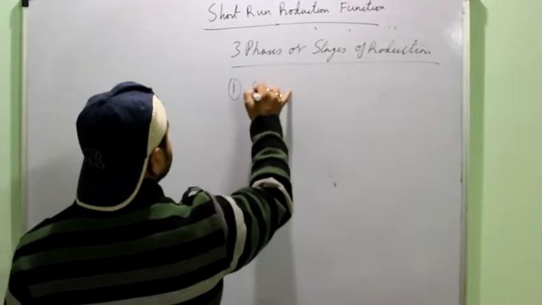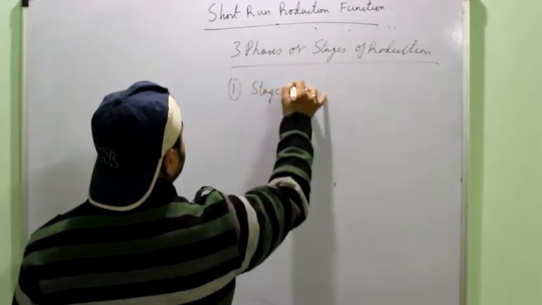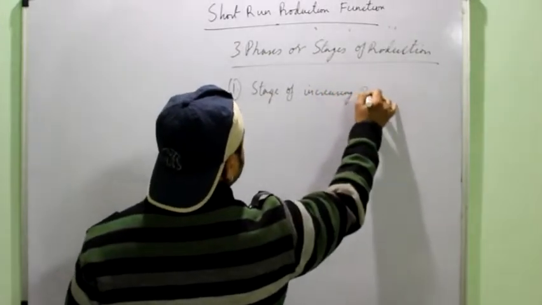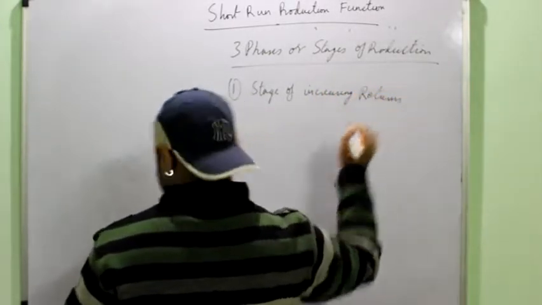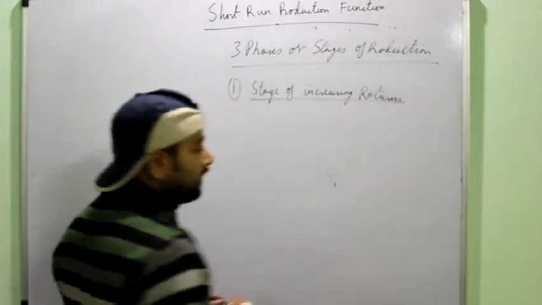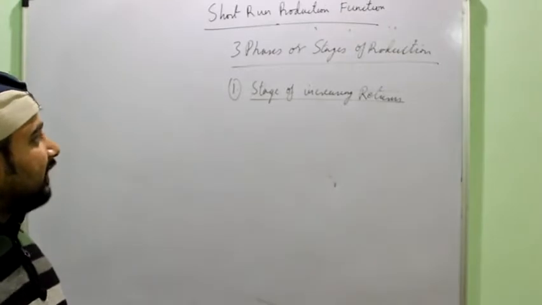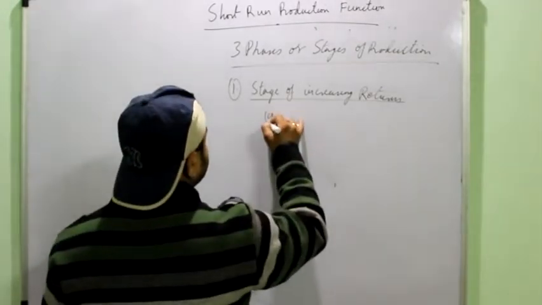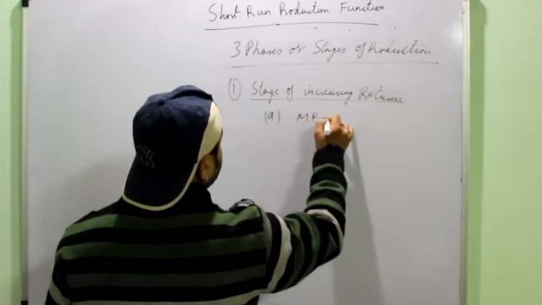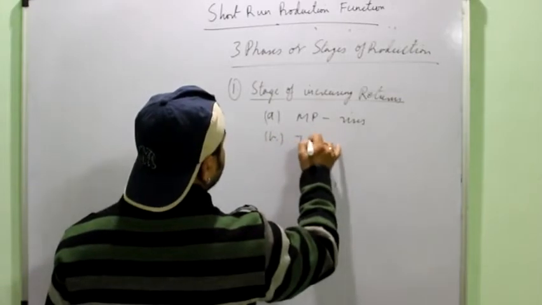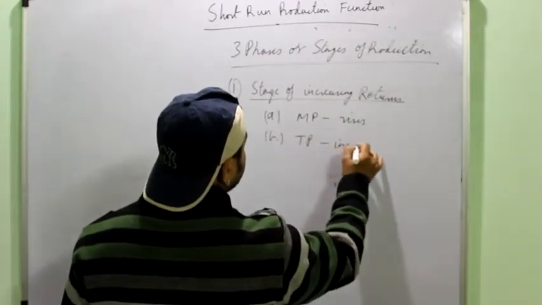First is the stage of increasing returns. As the name says, the return where my marginal product is increasing and my total product will increase at an increasing rate.